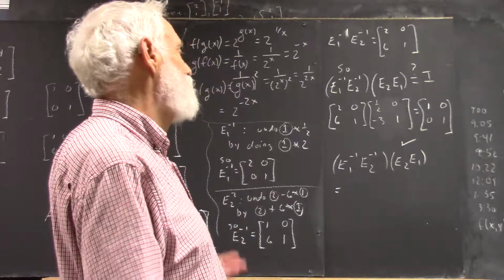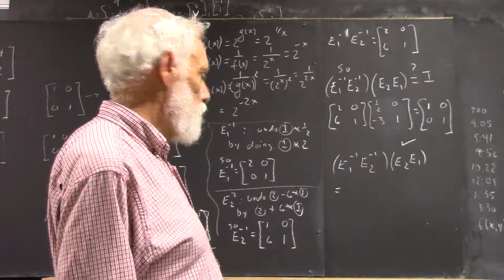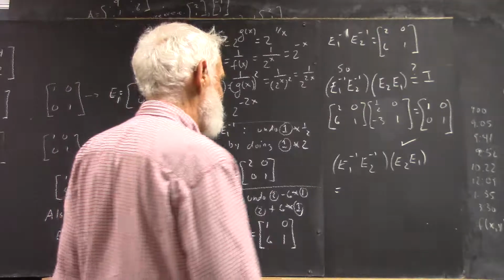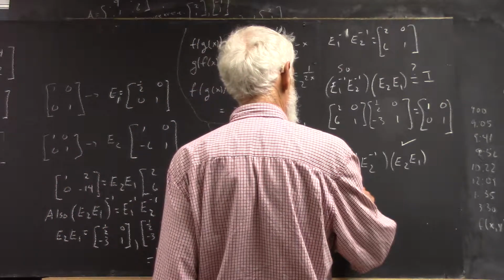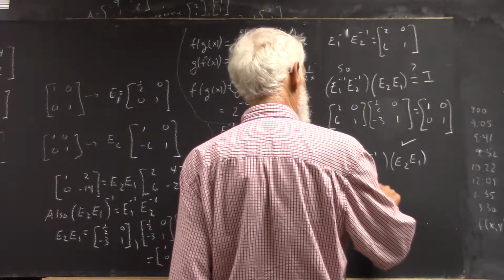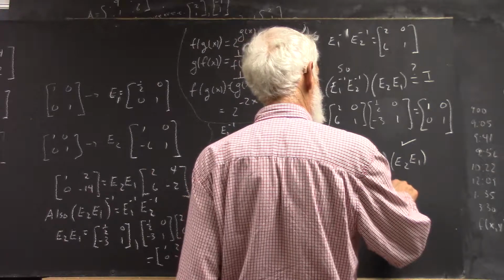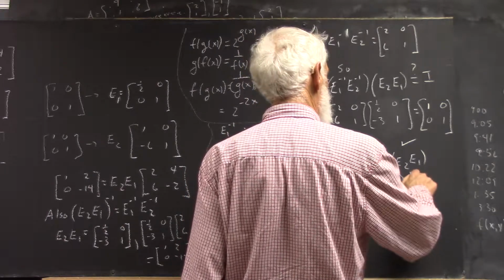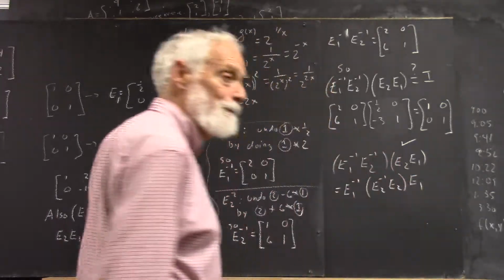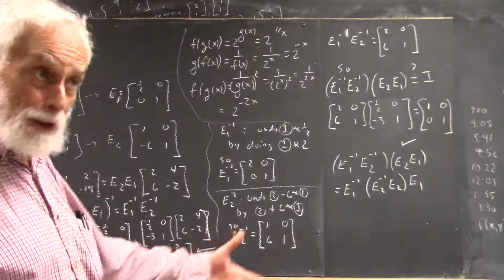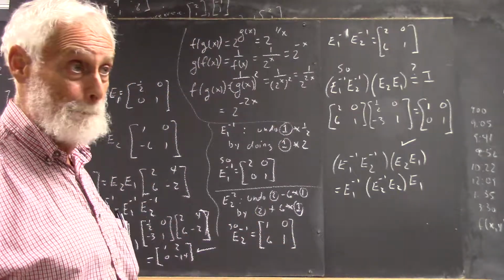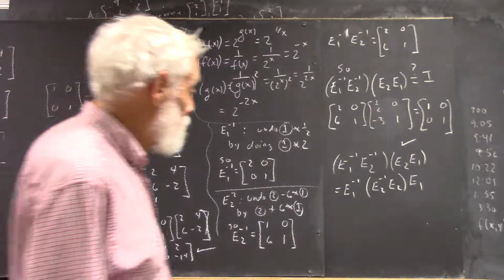Now, kind of abusing the associative law a little bit, but it works as well here as it does with numbers. And we did this last time, but I'm doing it again. I'm writing it out in detail because I didn't write it out in detail before.